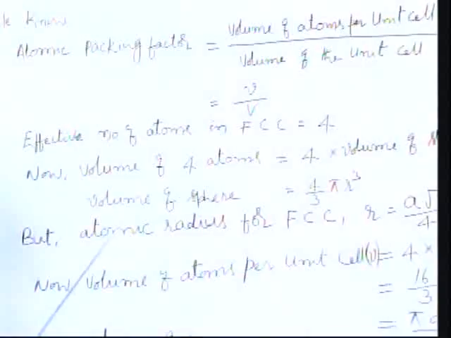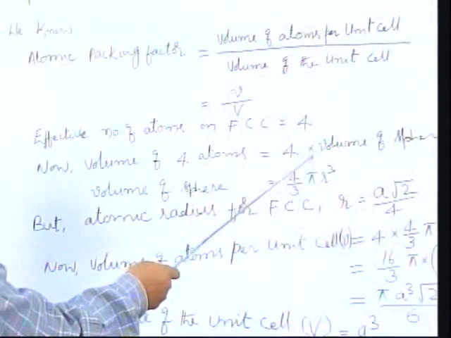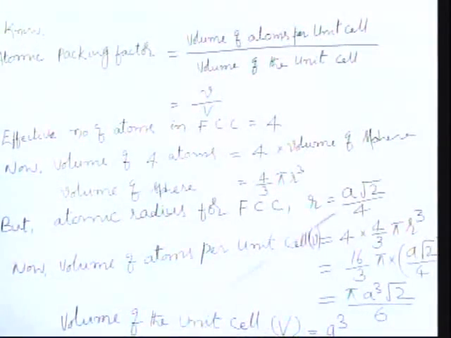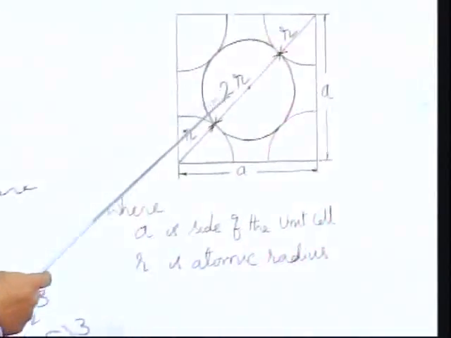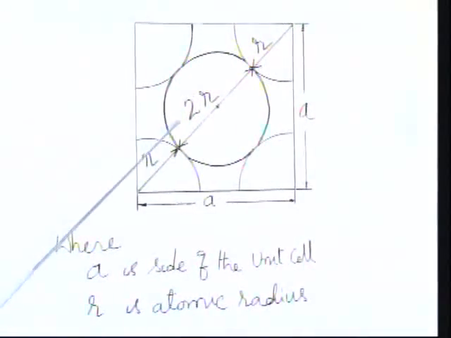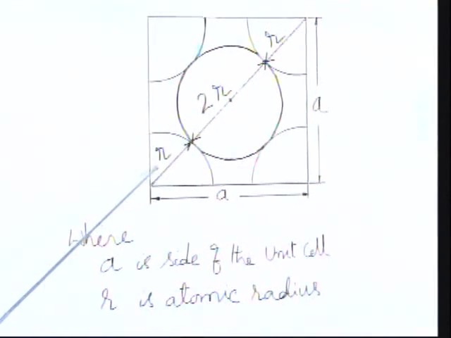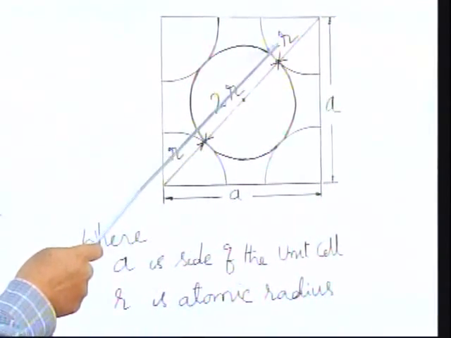Now volume of 4 atoms is equal to 4 multiplied by volume of sphere, because the atom is in spherical shape. Here the diameter of the atom is equal to 2r, this is 1/6 part of the atom, that is equal to r, this is also r.